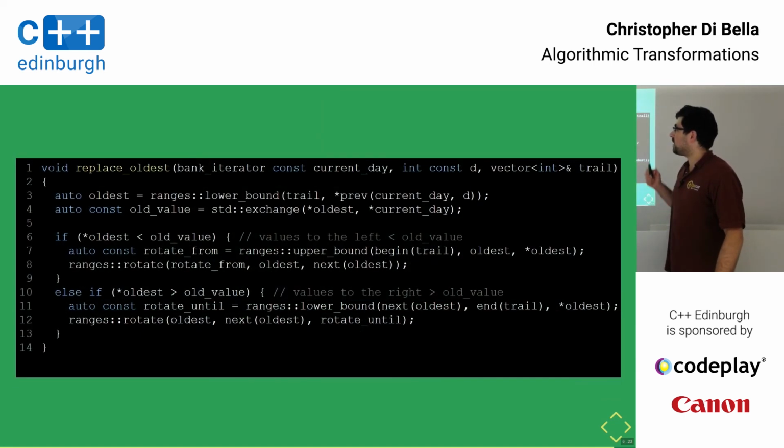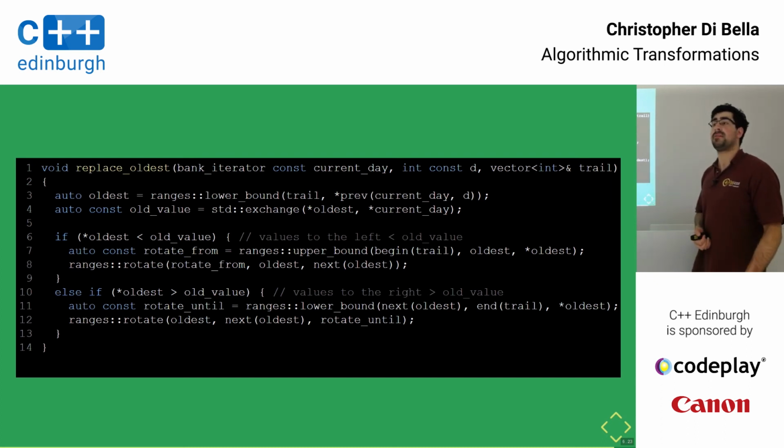And this is what the implementation of replace oldest actually looks like. So what we do is the bit that I was saying before, where we find something that matches the oldest value. And then if the new day is less than the oldest value, what we want to do is start rotating from that element until we reach the end, so that way it gets to the front.